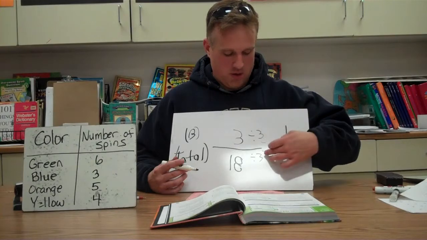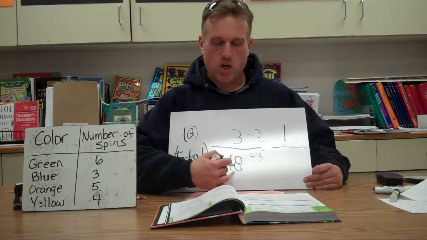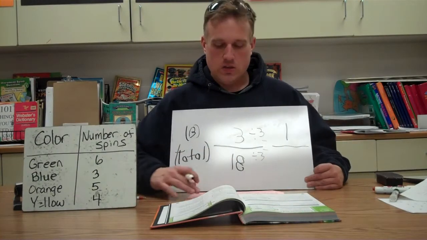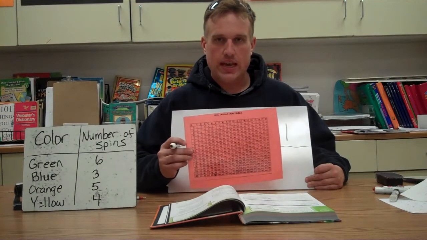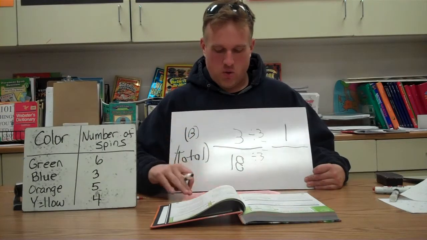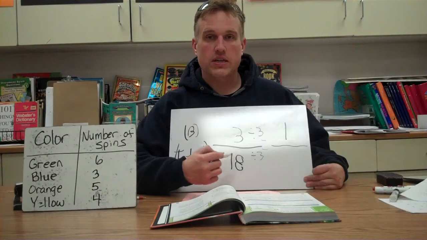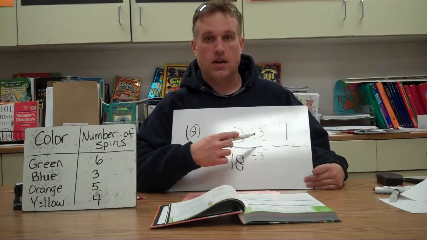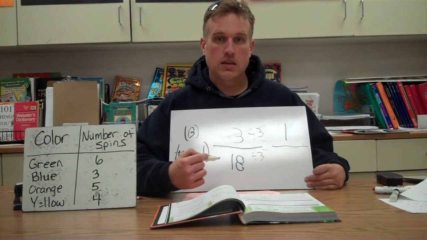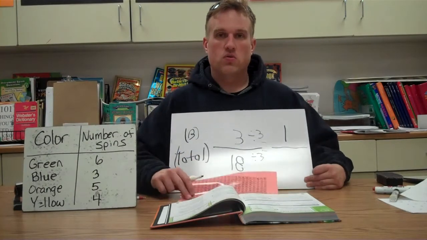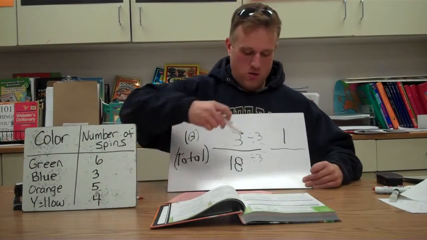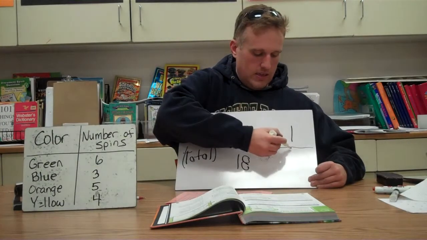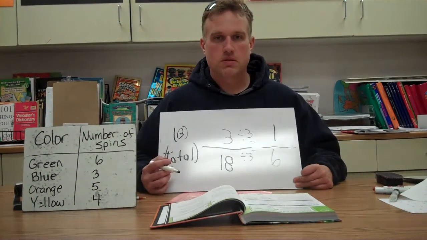So we're going to see how many times 3 will go into 18. Using our matrix again, you ask how many times 3 can go into 18, or another way of thinking of it is 3 times what equals 18. After you use your matrix, you should find that 3 goes into 18 6 times.